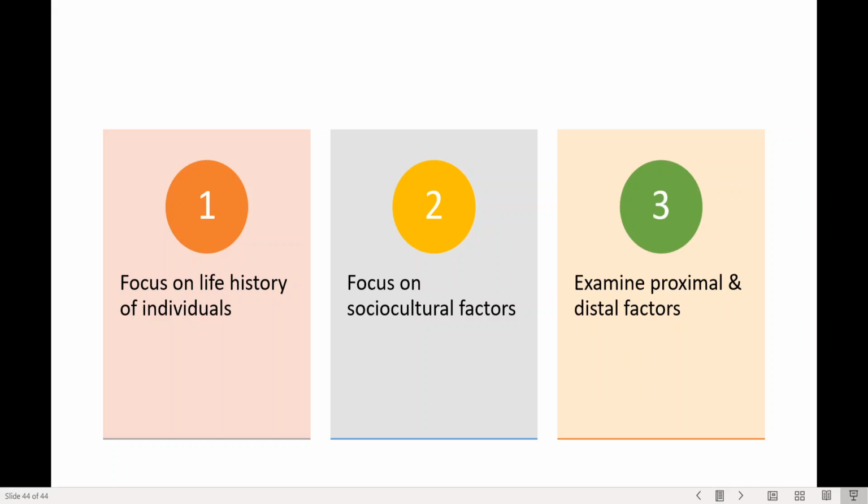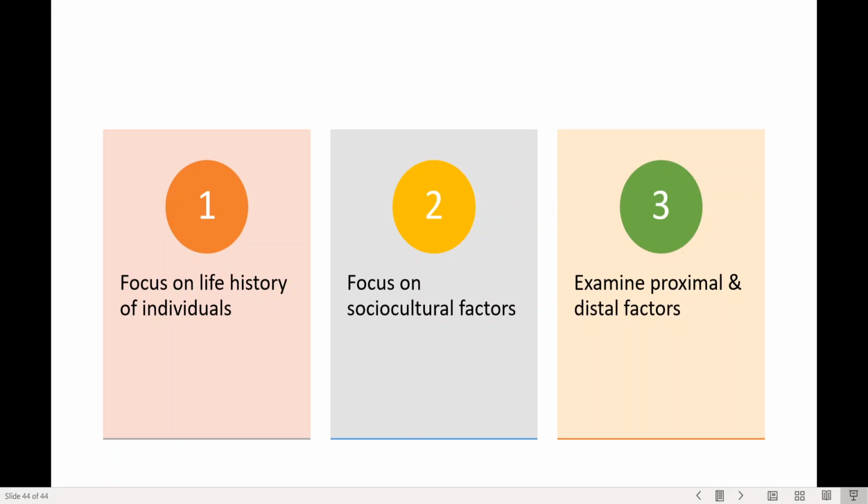Instead, what we have to focus on is the life history of individuals, and potentially also their parents and grandparents. What were the conditions of these individuals, and how can we understand behavioral responses and body responses, taking into consideration those previous life conditions?